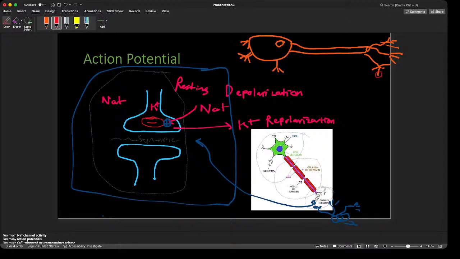So let's take one of the fingers at the axon terminal here, and you're about to see that this finger is now going to touch one of the dendrites of another soma.